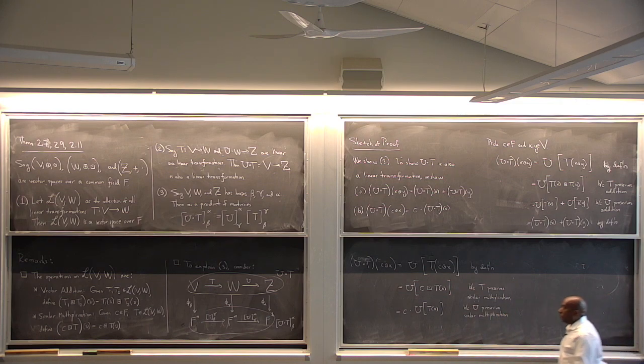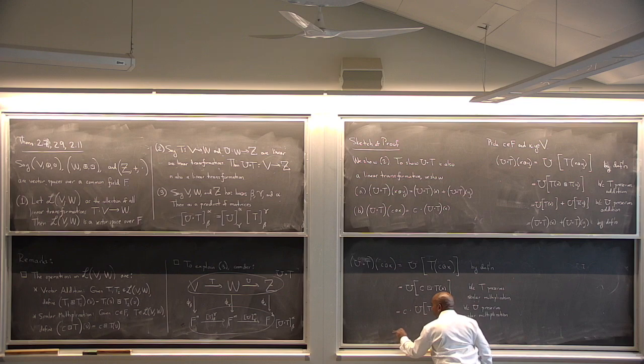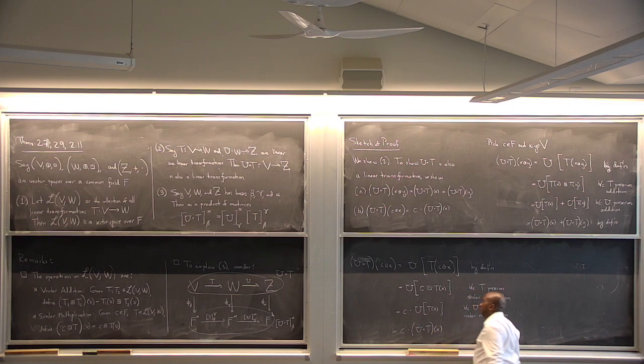And finally, if I just wind back through to remember what the definition is, this is simply the composition of these functions. So again, this here is by the definition of composition. Okay.